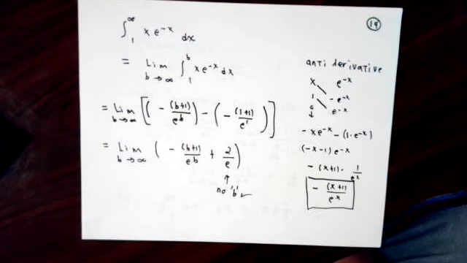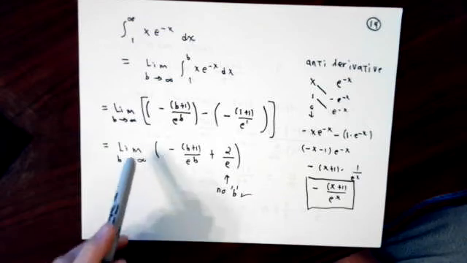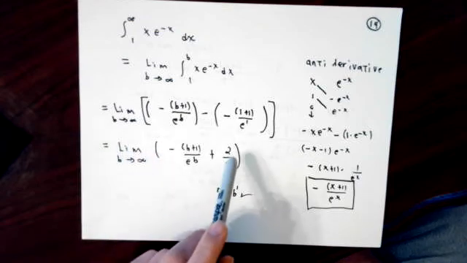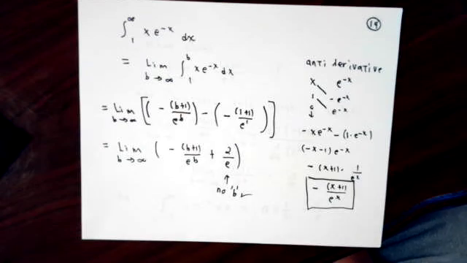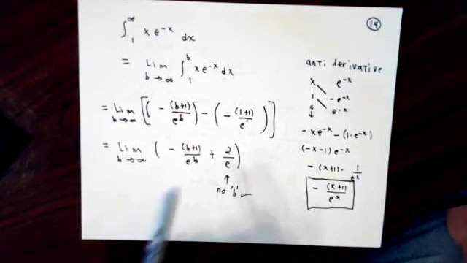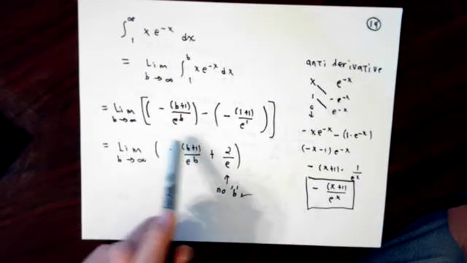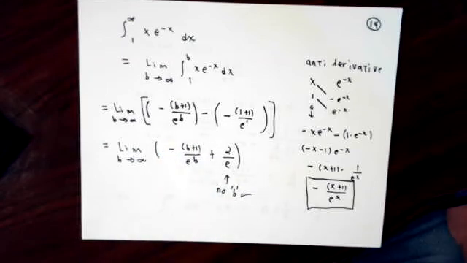The second term, the 2 divided by e, is a constant. It doesn't have any b in it. So when I take the limit of a constant, the limit of this term is just going to be 2 divided by e. At the moment, we don't know what the value of the limit of that first term is. In fact, we don't really know that it even exists.